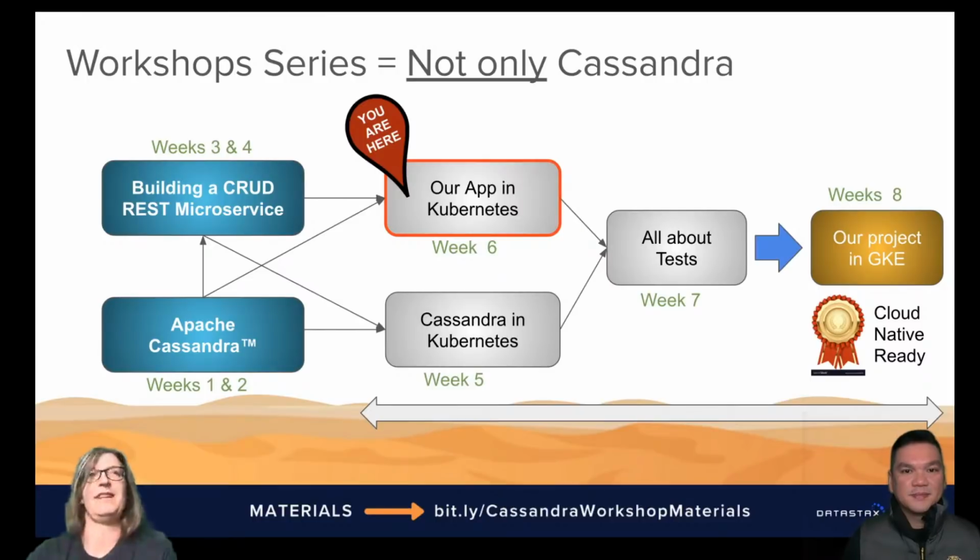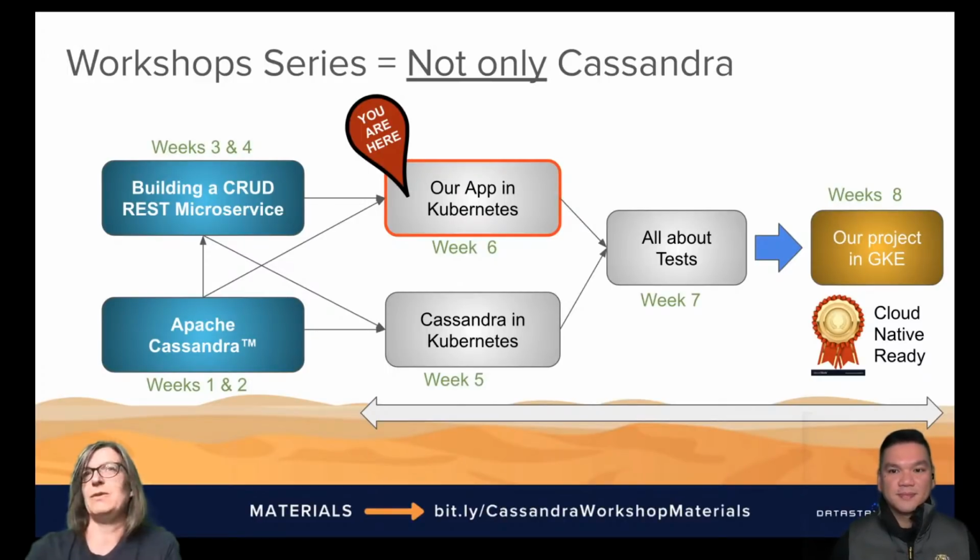So everything we've done so far, we're going to containerize our applications, and we will move them into the small Kubernetes cluster that we started with our Cassandra development last week, and bring it all together. We're going to run the UI in the Kubernetes cloud.